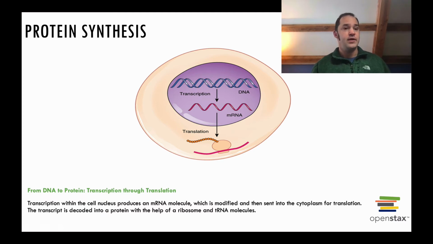A lot of the translation that happens in the rough ER is for proteins that are going to be packaged into vesicles, transported from the Golgi complex, or Golgi apparatus, in vesicles to the cell membrane or outside of the cell. And translation that happens on the ribosomes in the cytoplasm is usually for general cellular proteins.